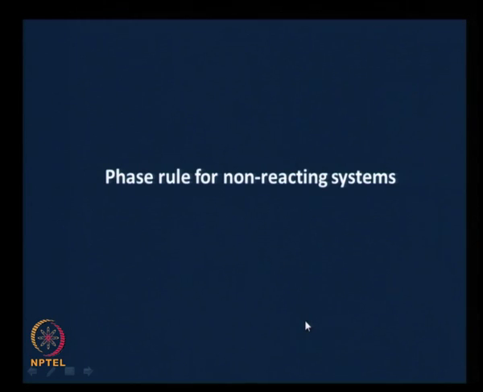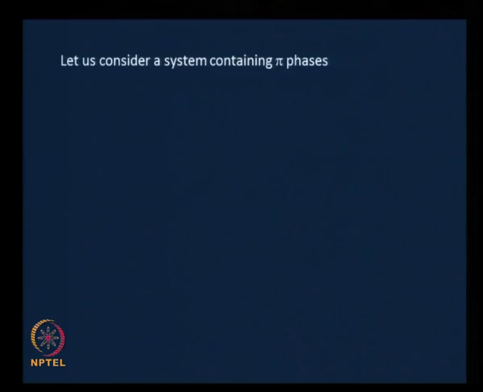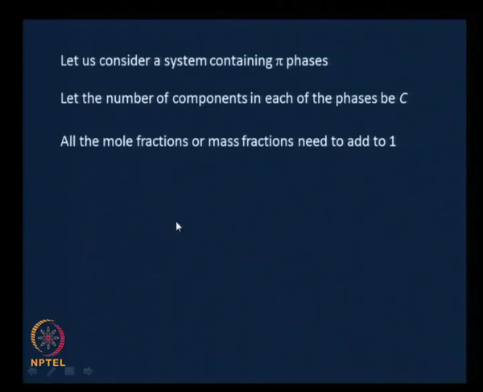Then we derived what is called the phase rule for non-reacting systems. There are no reactions in the systems that we are going to consider, and for such systems this phase rule will be valid, and the basis for this was something like this.